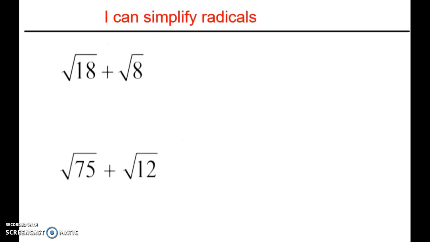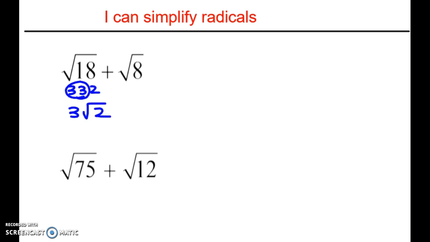If I look at a problem like the top one here, the square root of 18 plus the square root of 8, and what's underneath the radical is not the same, what I can do is check to see, can I maybe simplify it? Well, the square root of 18, we've learned you can break it down. You get a pair of 3's. Square root of 18 is actually 3 square roots of 2.